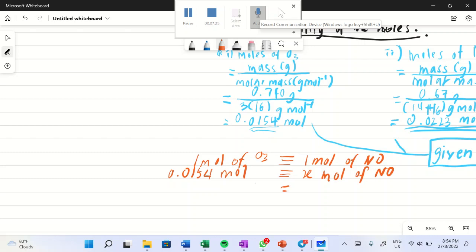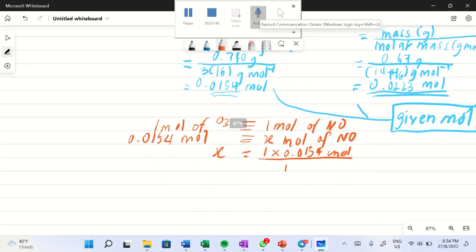So X is equal to 1 times 0.0154 mole divided by 1. So you will get 0.0154 mole.